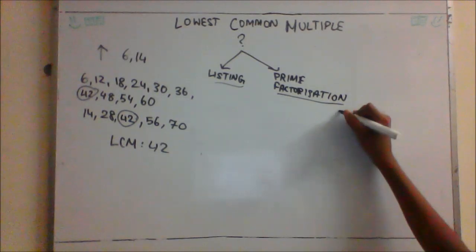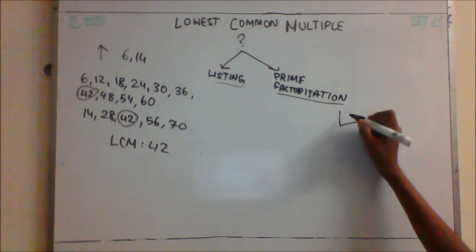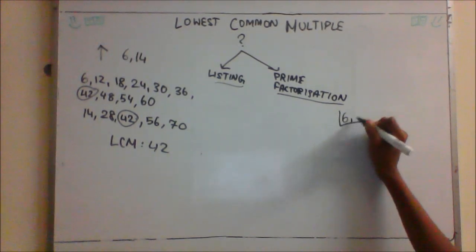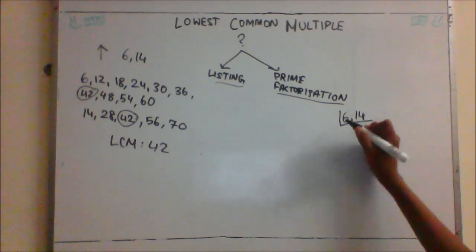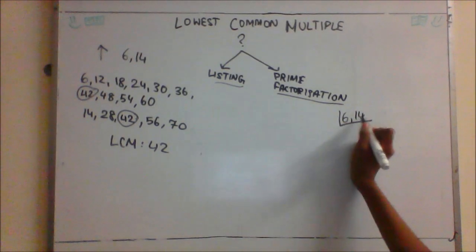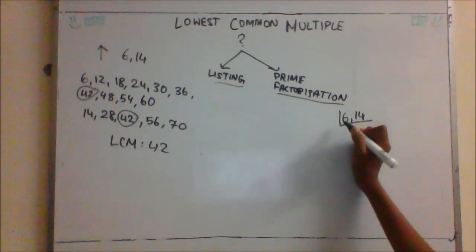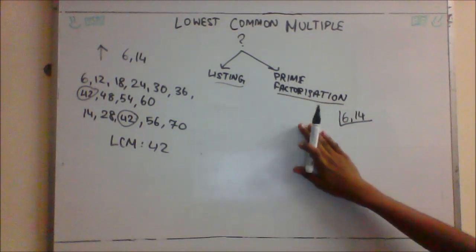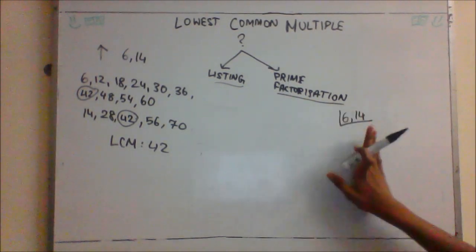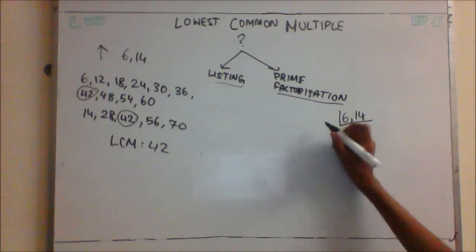So let's take 6 and 14, and in this case both of them are divisible by a prime number, which is 2. Because it's prime factorization, we'll only use prime numbers to divide. So let's take 2.